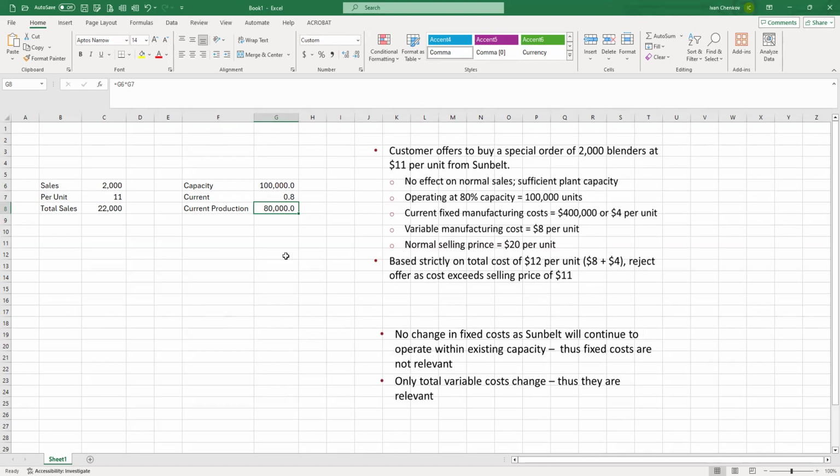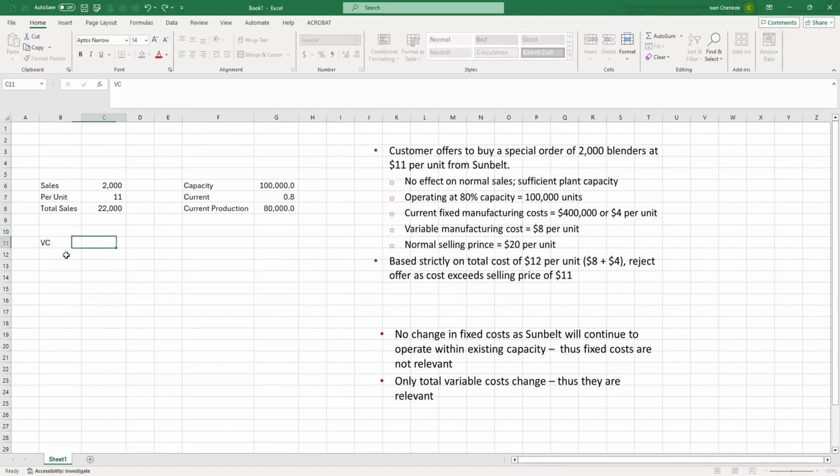Yes, Professor. Okay. So my variable cost, on the other hand, per unit is $8, right? My normal selling price is $20. So if I sell it for 20, my contribution margin is $12, correct?